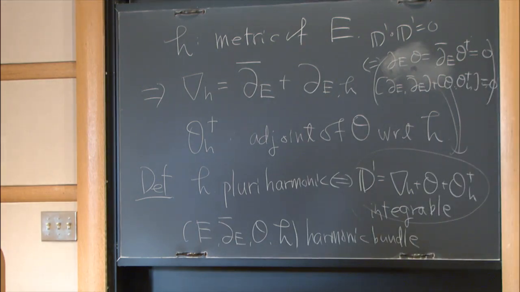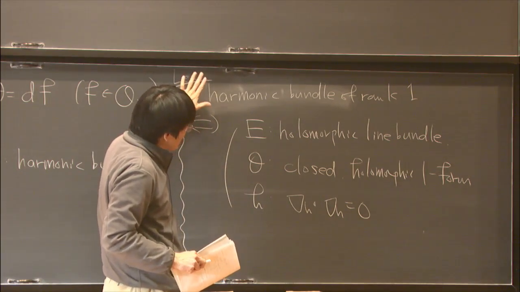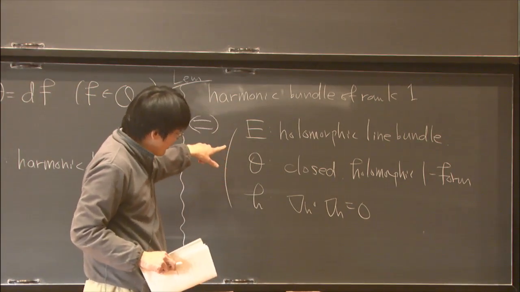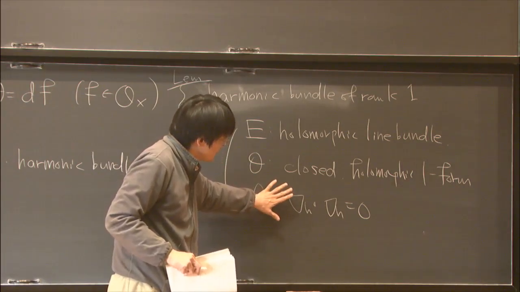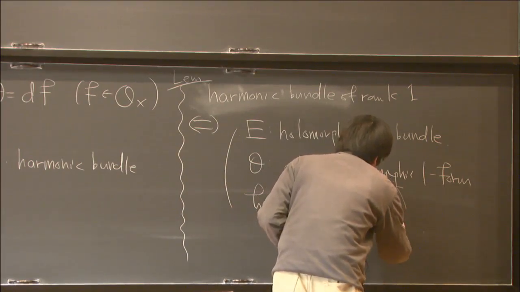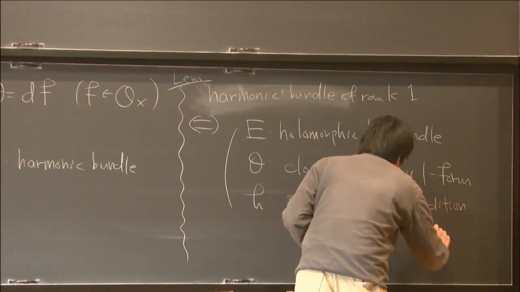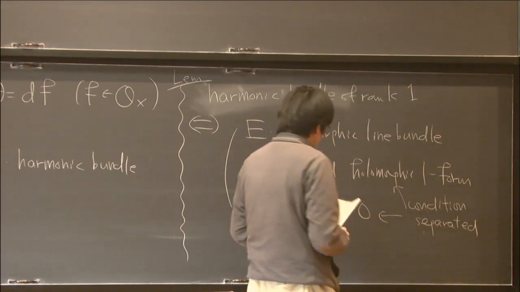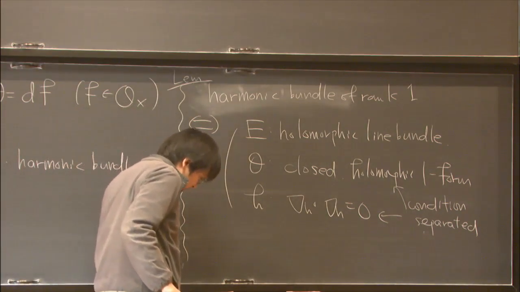So it is easy to see a harmonic bundle of rank 1 is just a triple of a holomorphic line bundle, a closed holomorphic one-form, and a metric whose Chern connection is integrable. The point is that the conditions are separated. So in the rank 1 case, harmonic bundles are much easier compared with the higher rank case.